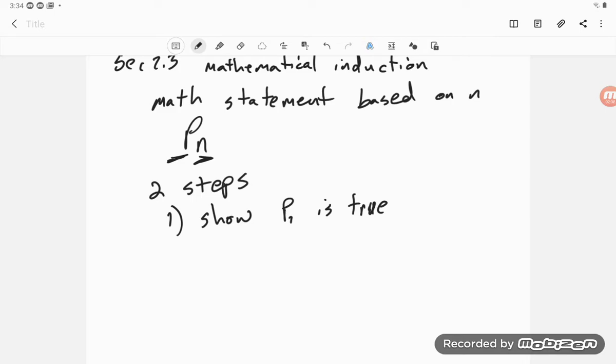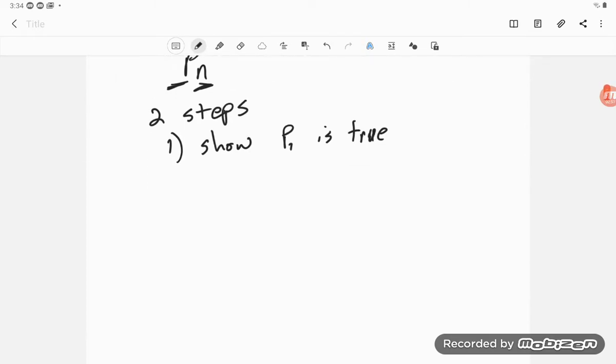Now, again, don't take that too literally. It's just the first n that you care about. So it could be n equals 0, could be n equal 1, it could be n equal 101. But it's the first one you care about, and you show that that is true. And again, often that's very simple.